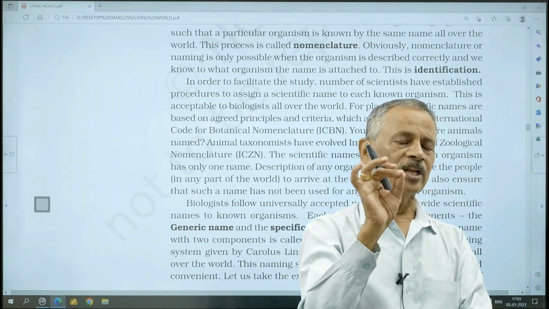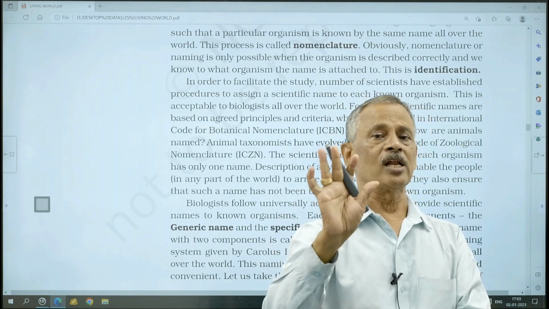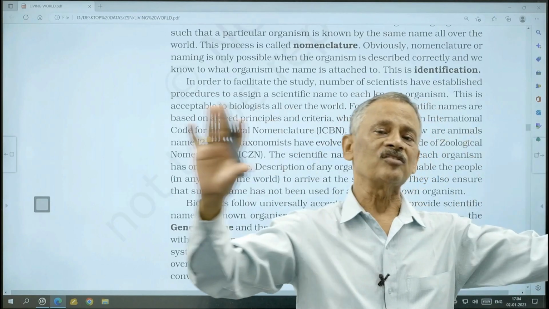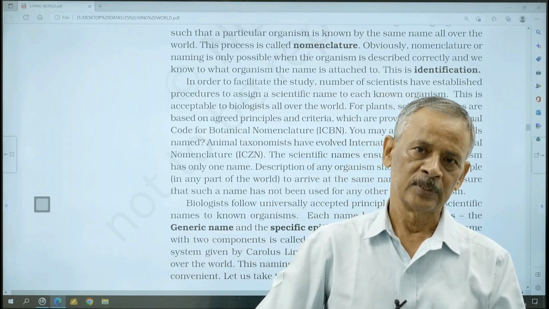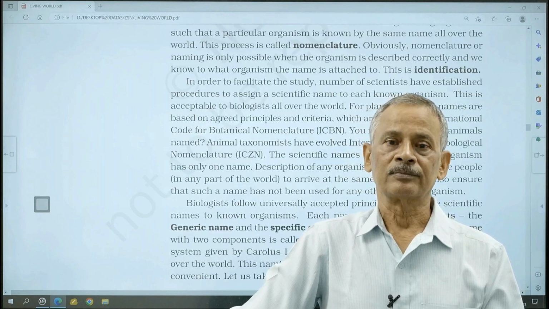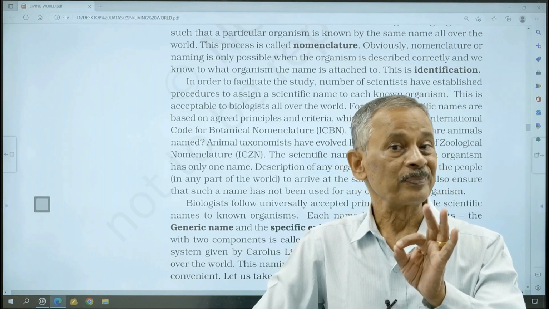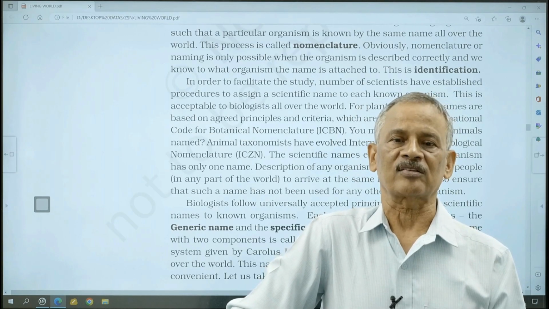That scientific name is the only name, biological name, by which the organism is known all over the world. This way of scientific naming was introduced by Carl Linnaeus, the father of modern taxonomy.